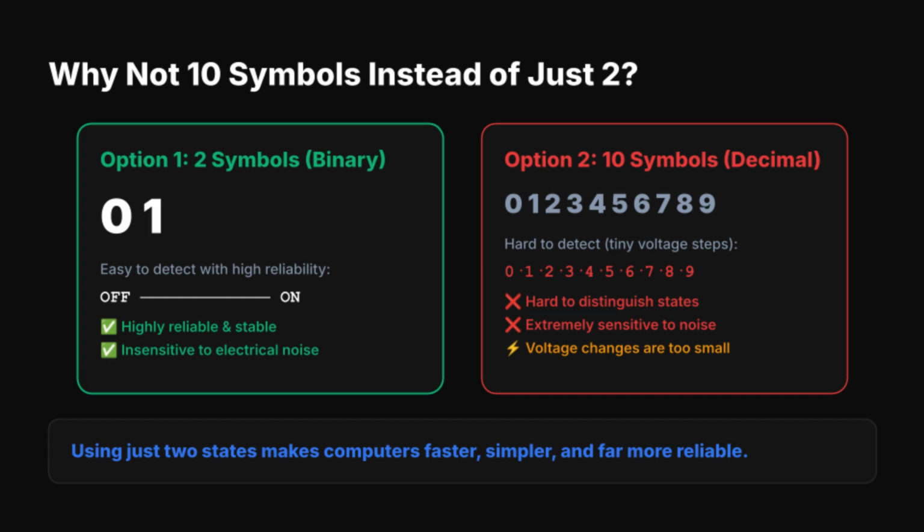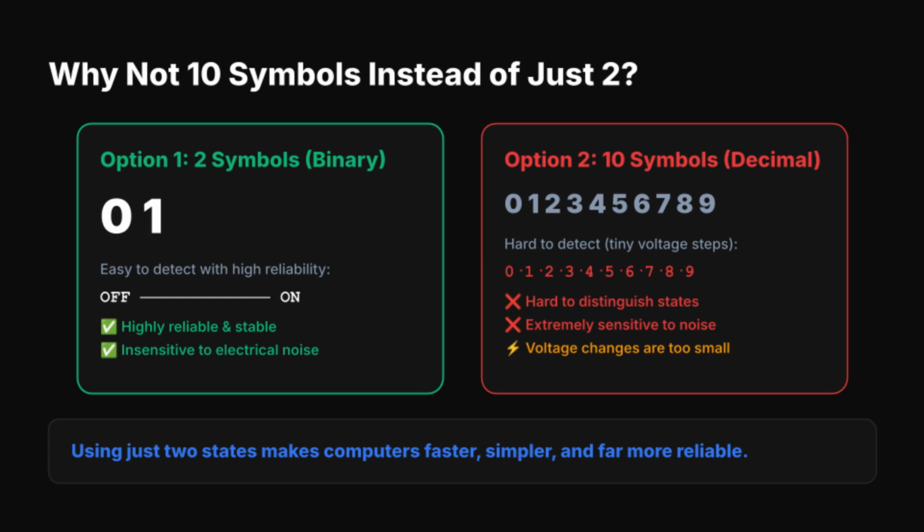By now, you might be wondering, if computers can use symbols, why stop at 2? Why not use all 10 digits from 0 to 9 instead? The answer comes down to reliability. With just two electrical states, off and on, it's very easy for the hardware to tell them apart. Even if there's a little electrical noise, the computer can still distinguish the two states correctly.